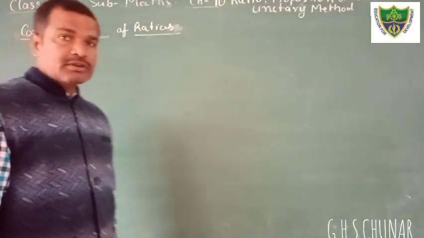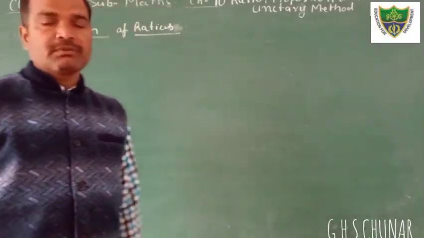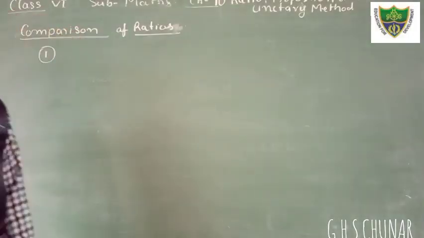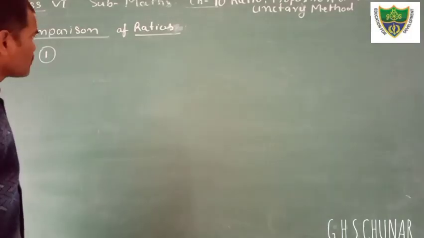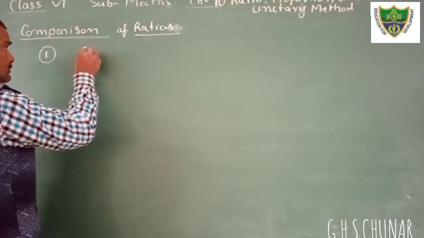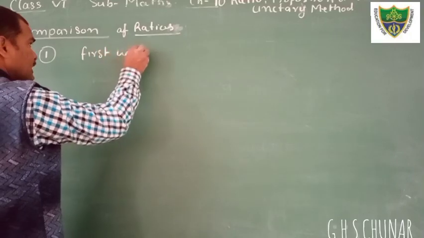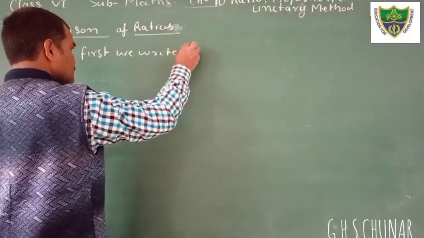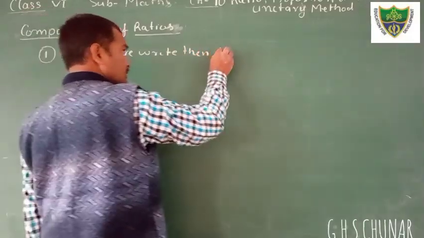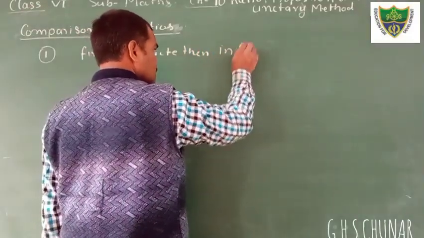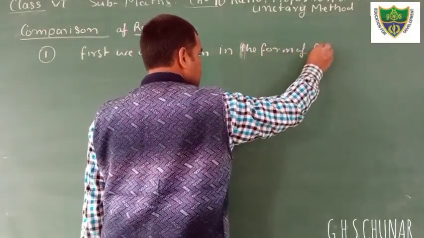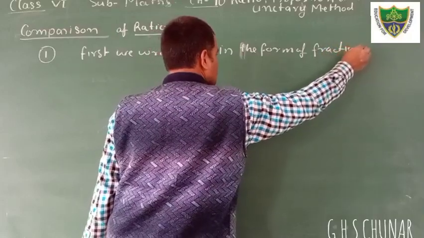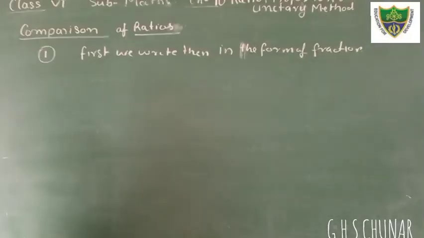To compare any two ratios, or if we want to write them in ascending or descending order, or compare more than two ratios, first we write them in the form of fractions.